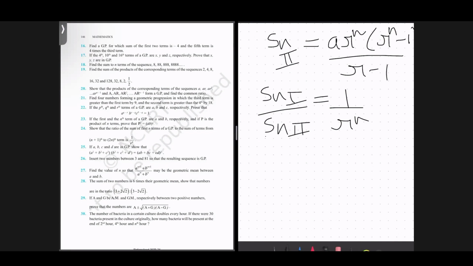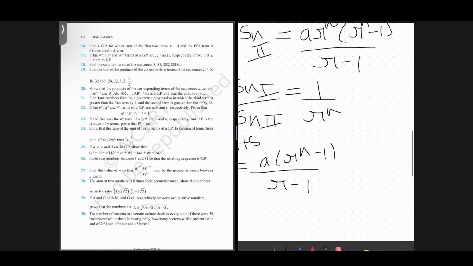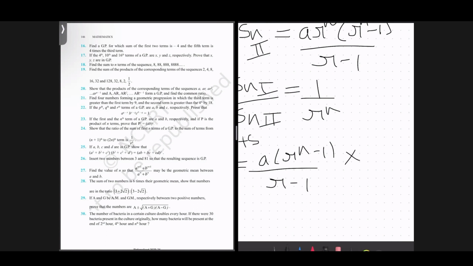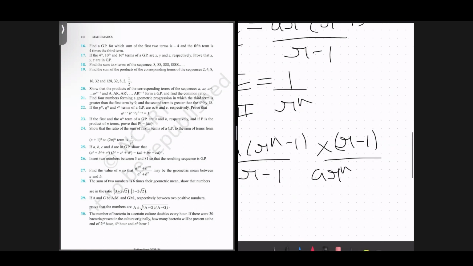So let's just divide the first summation by the second summation. So in the LHS, you would now have a into r^n minus 1 upon r minus 1. When you divide it by the second series, it becomes the reciprocal and gets into multiplication. So in the multiplication, you would have r minus 1, and here you would have r raised to the power n into r^n minus 1, right?